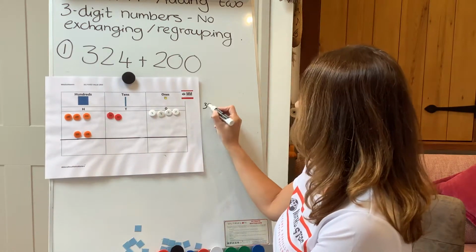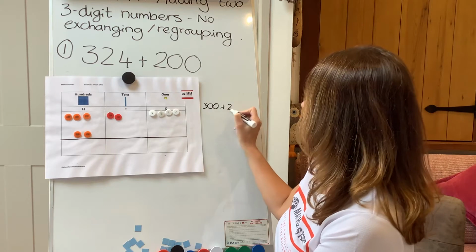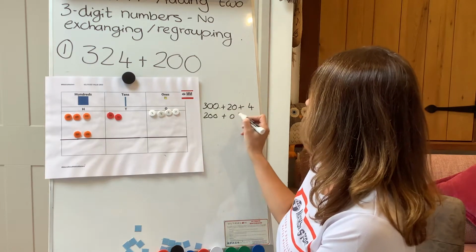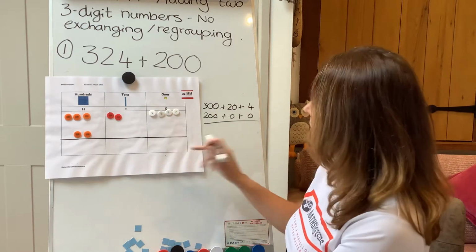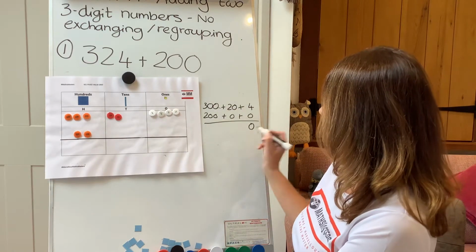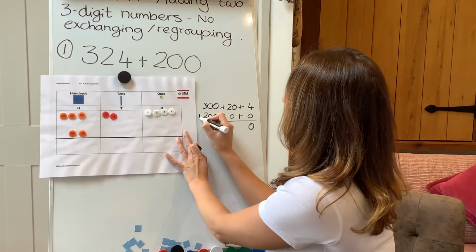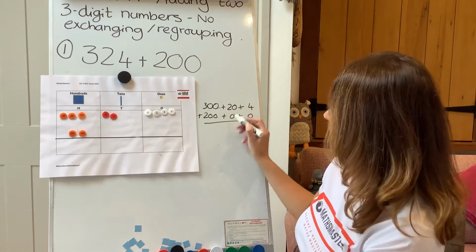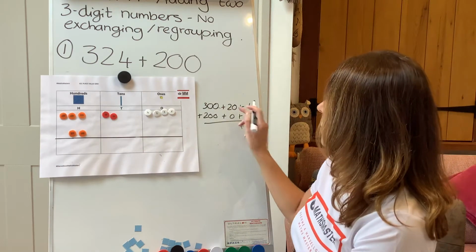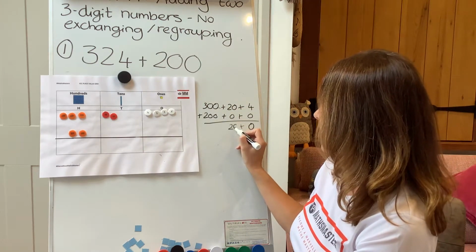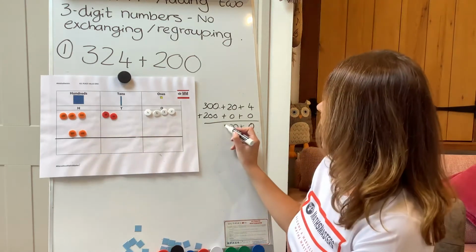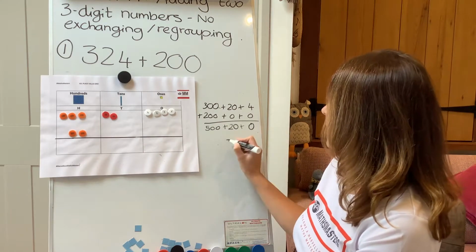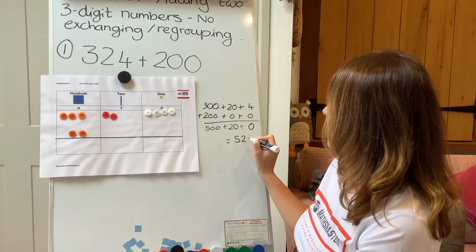I'm doing 300 add 20 add 4, 200 add 0 add 0. I can add 4 and 0 together, which gives me 0. I've put the operation we're doing, which is addition. Then I can add my 2 tens and 0 tens, so 20 add 0 is 20. And then 300 add 200 is 500. Then I can add all that together.